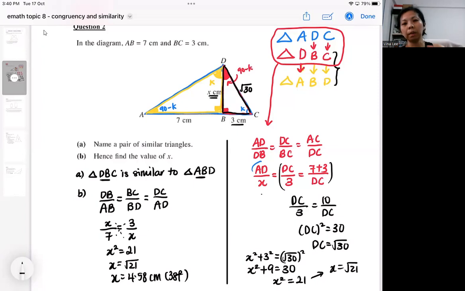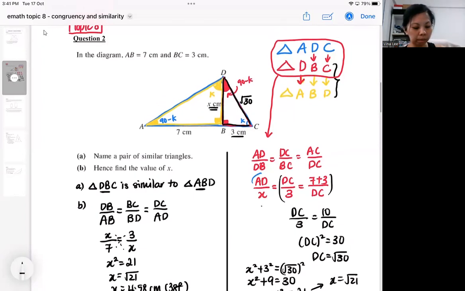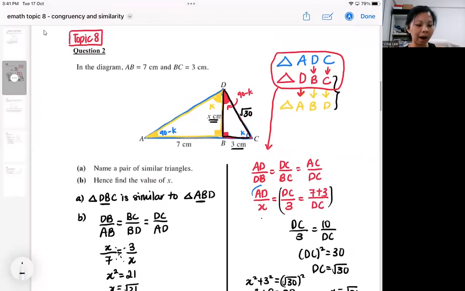So it can be a bit more indirect if there is more than one pair of similar triangles. If you happen to choose the pair that doesn't give you X directly, maybe you feel that you are wrong already. So sometimes you might need to explore a different pair. How do you explore a different pair? You need to match the angles so that you can see a different pair of similar triangles.